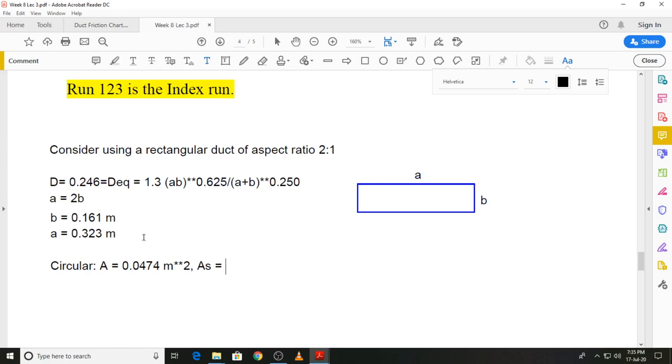The surface area will come out to be 0.773 in square meters.